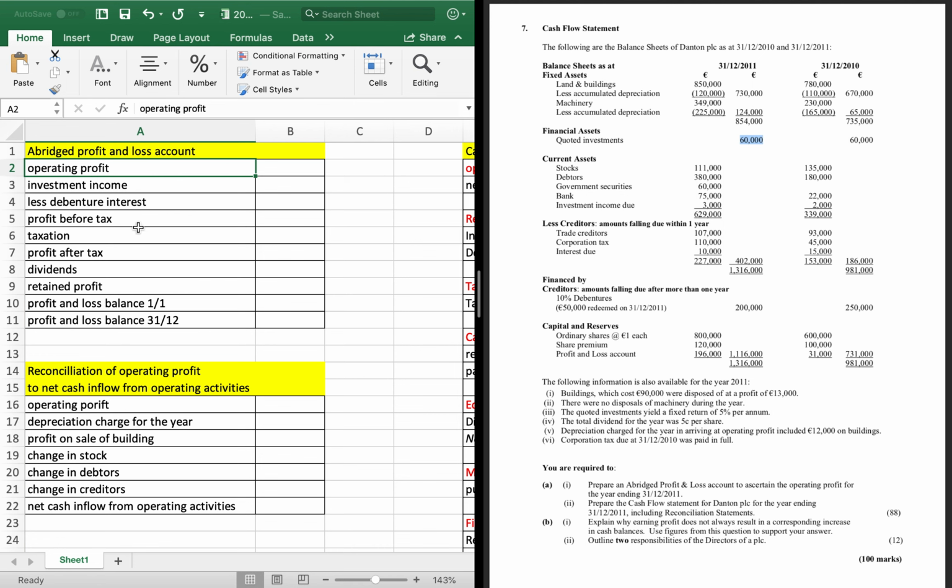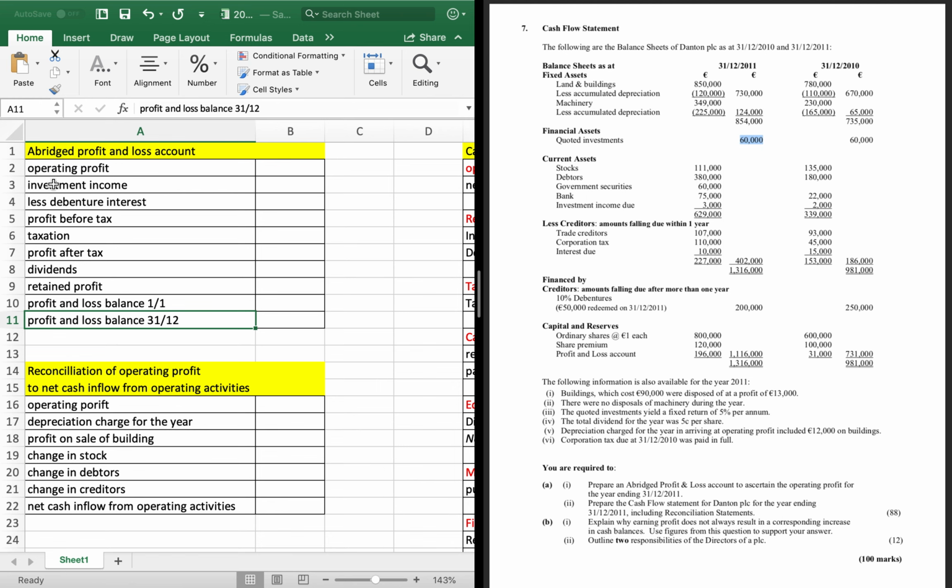That's the last point within your abridged profit and loss account, and the reason is that we work from the bottom up. We have unpublished accounts, but when you think of a published account, from operating profit down to profit and loss balance, these are the things you have: your profit and loss balance, dividends, taxation, debenture interest, and investment income.